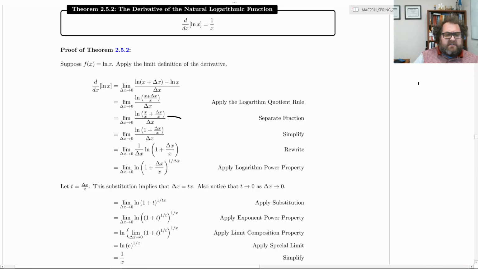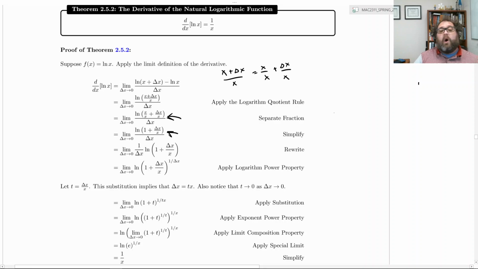Now the next step is not really simplification at all, it's more of just strategic rewriting. We separate the fraction. Remember, x plus delta x over x we can rewrite as x over x plus delta x over x, and then I can simplify that at the next step.